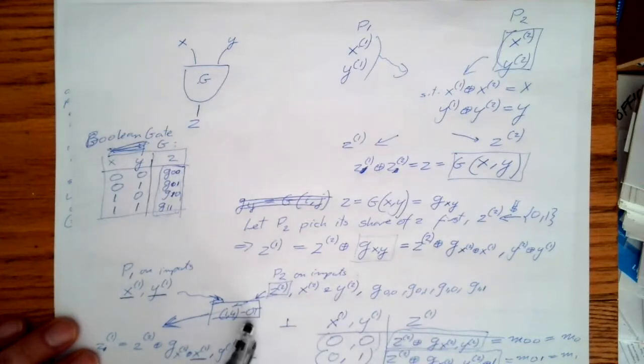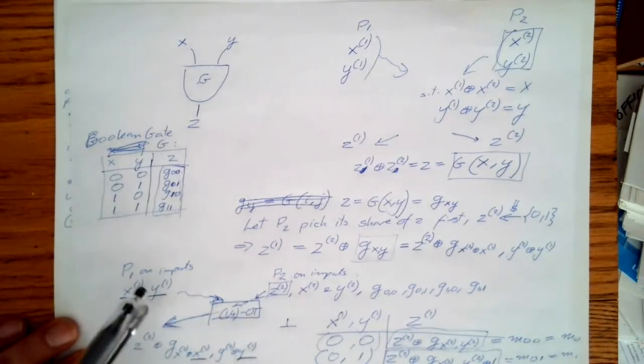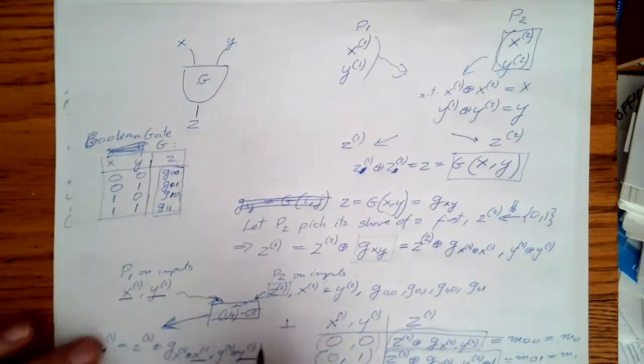And thanks to the OT, one party has an index, the other a table. The party with the index gets the value indexed by his inputs, while P2 learns nothing, right?